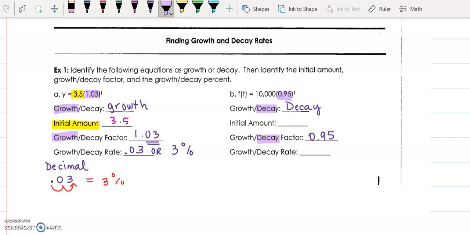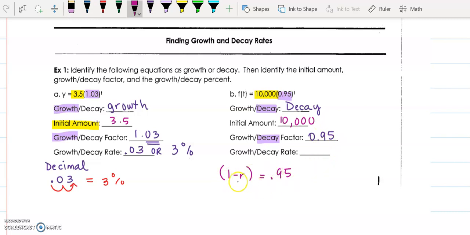The initial amount is our leading coefficient, 10,000. And then we'll find our decay rate. So for our decay rate, basically that base is 1 minus r, because we're subtracting, the number is decreasing to 0.95.